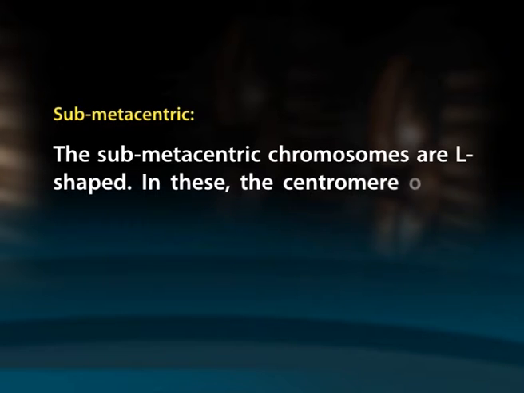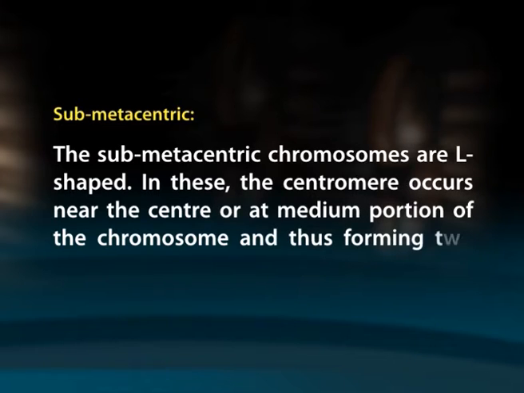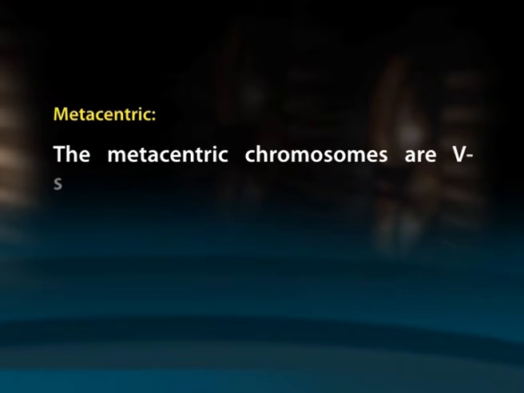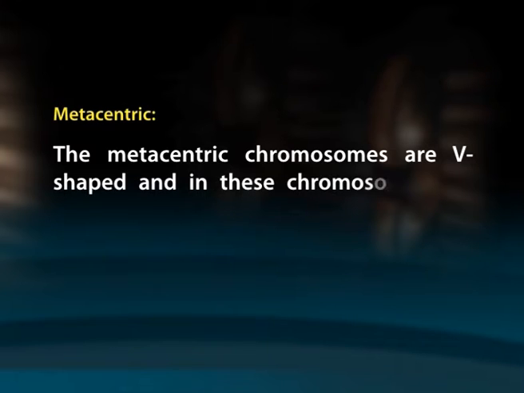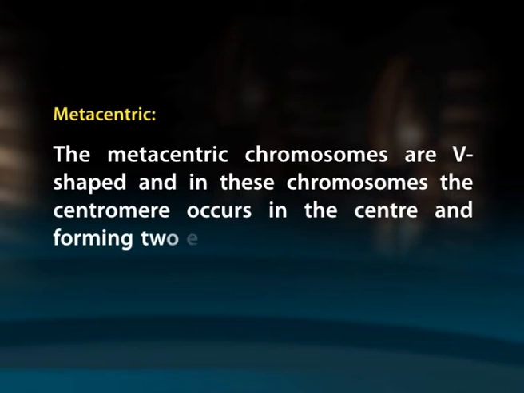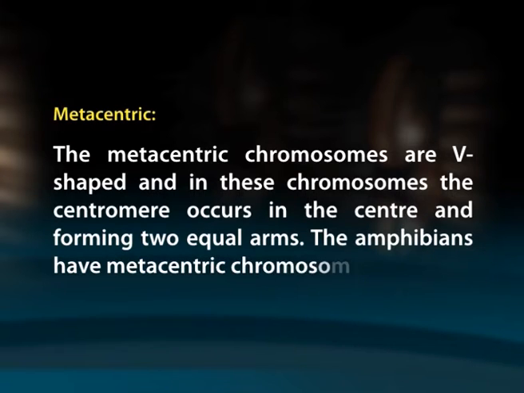In these, the centromere occurs near the center or at the medium portion of the chromosome, thus forming 2 unequal arms. 4. Metacentric. The metacentric chromosomes are V-shaped and in these the centromere occurs in the center, forming 2 equal arms. The amphibians have metacentric chromosomes.